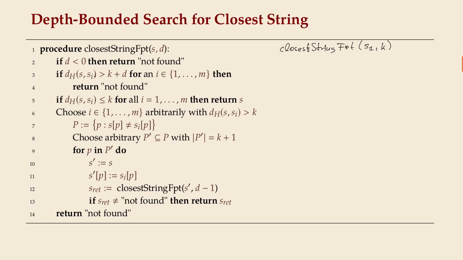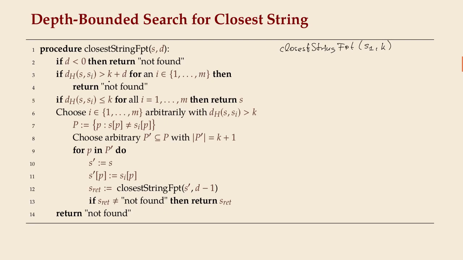If the distance between your current candidate and any of the strings is too large, then you know there's no hope to get close enough to that string. Maybe it's intuitive enough: if you're allowed to change d more values and there's still more than k left that don't match, then you won't reach that string. You won't come close to that string.